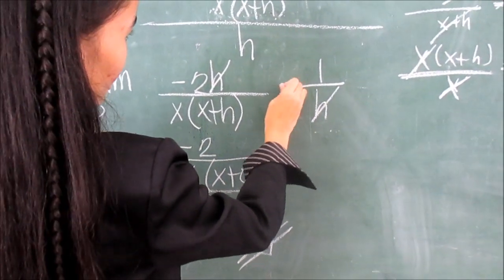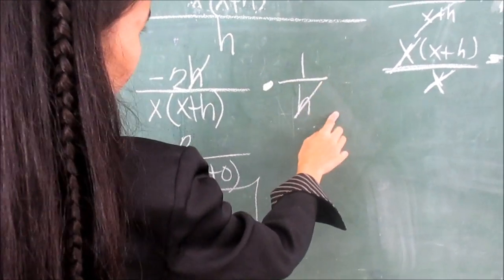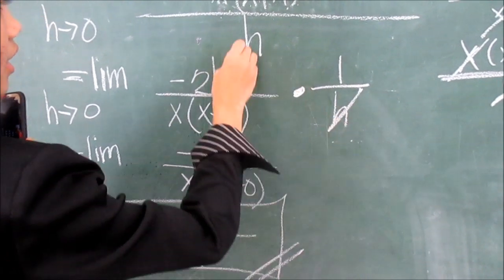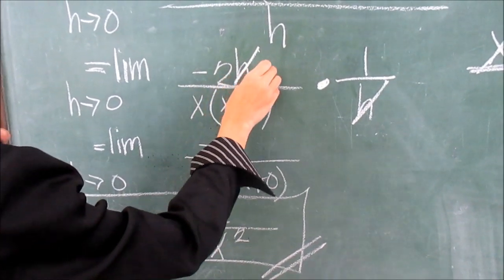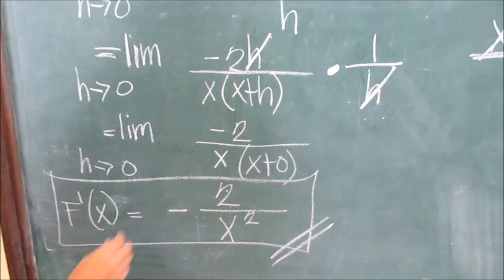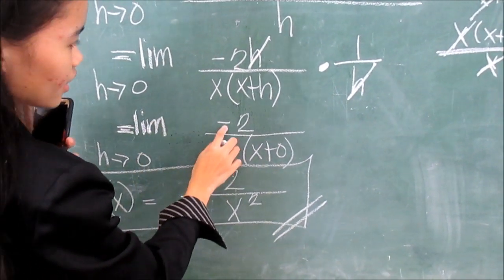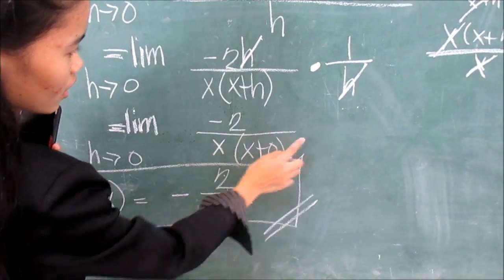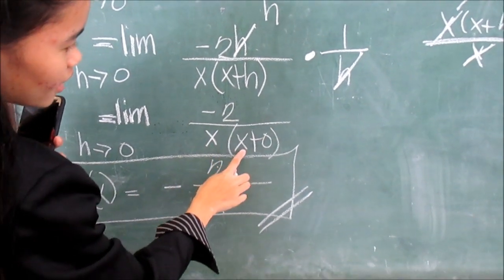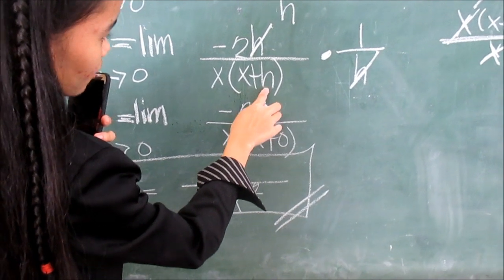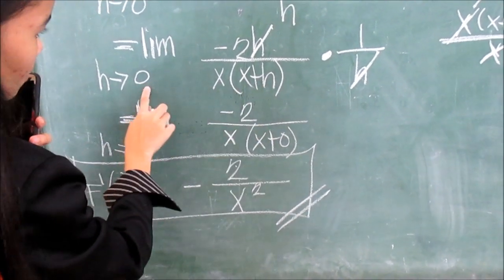So we need to put a times 1 over h here for us to cancel the h in the numerator. So cancel the h and cancel the h here in the numerator. Then the remaining terms are the limit of negative 2 over x times x plus 0, because h approaches 0.